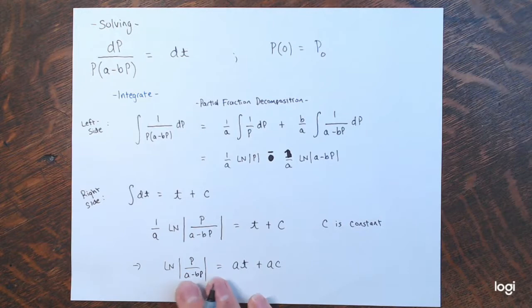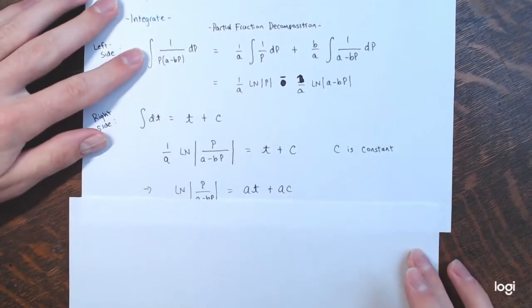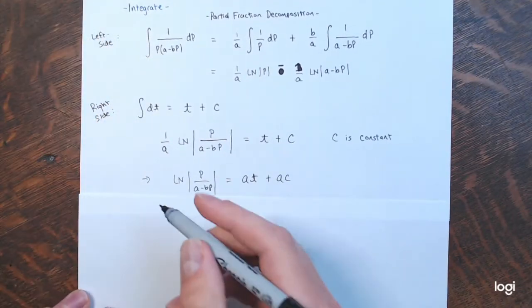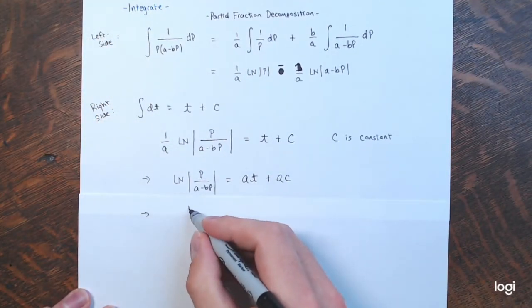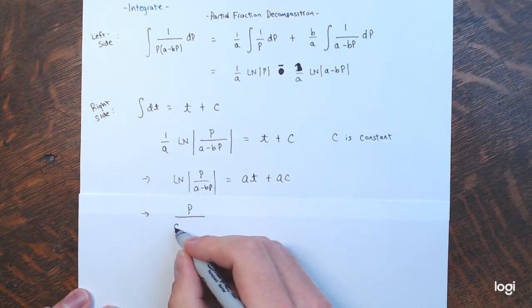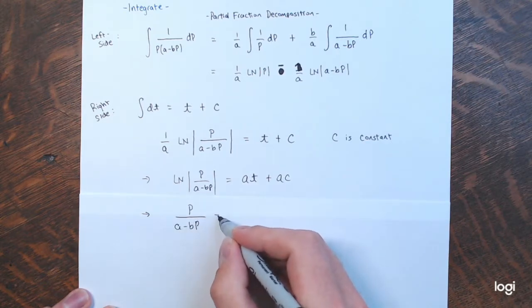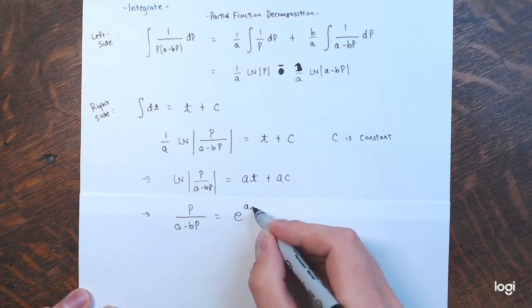My goal here is to eventually solve for p, right? Get the population alone. All right, then I would exponentiate both sides, right? With base e. So we now have p divided by a minus bp equals e to the at plus ac power.